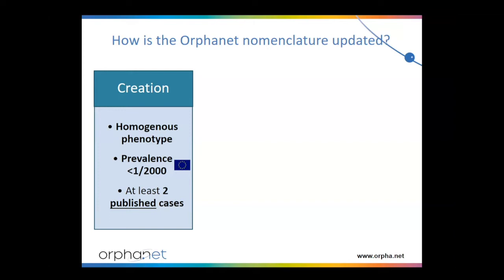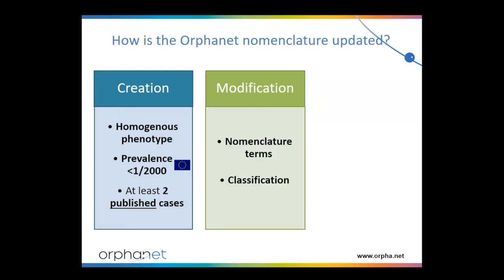It must fit the prevalence threshold of less than 5 in 10,000 individuals in the European population, as per the European definition. And we also have an additional criteria in Orphanet, which is that the phenotype must be described in at least 2 published cases in the literature in order to make sure that it is not a fortuitous association of clinical signs.